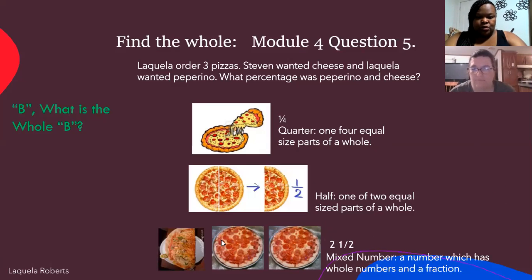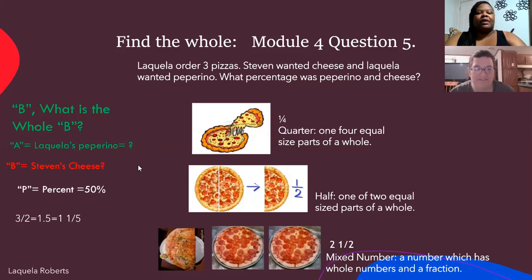So there's 2 and there's 1/2. So that means we're trying to find out my percent, Steven's cheese. So we got 3 over 2 equals 1.5, which equals 1 1/2. So the percent would be 50%.